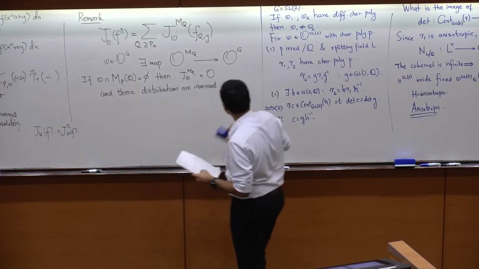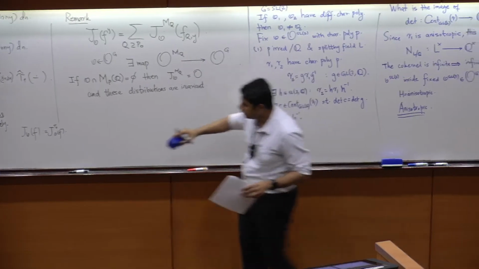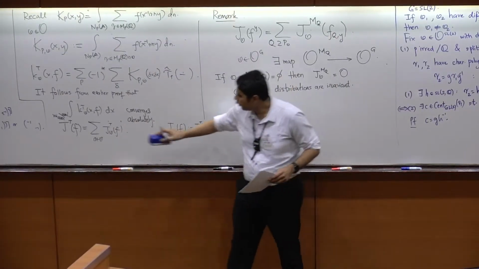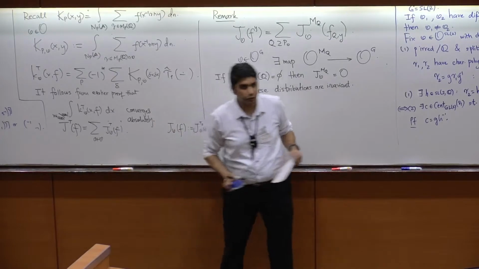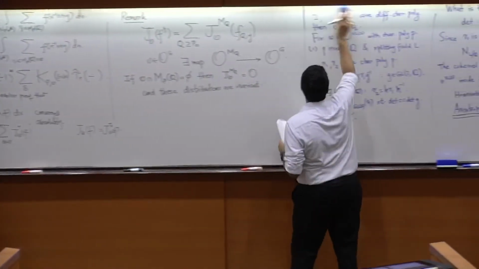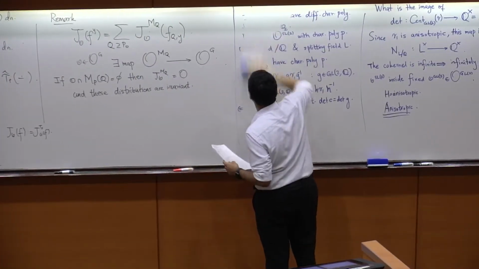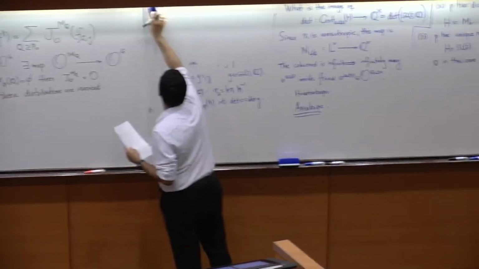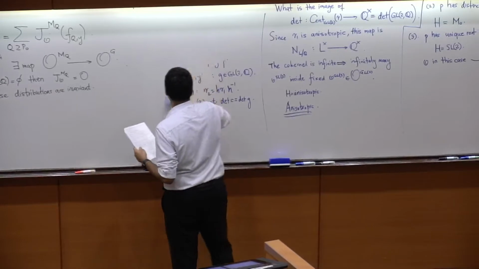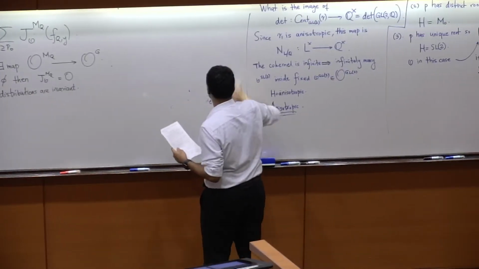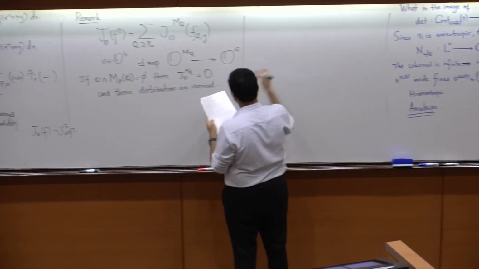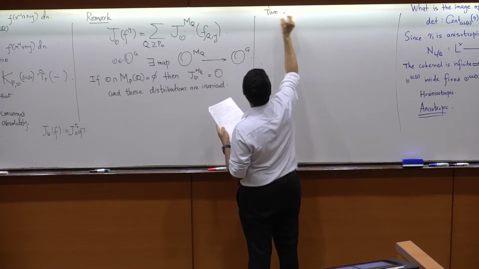Now, let me define some special classes O, and for those special classes, a more explicit formula for this JOF. So two assumptions.